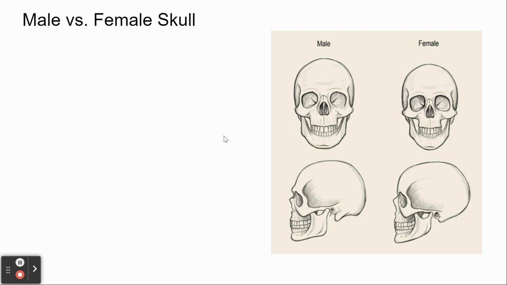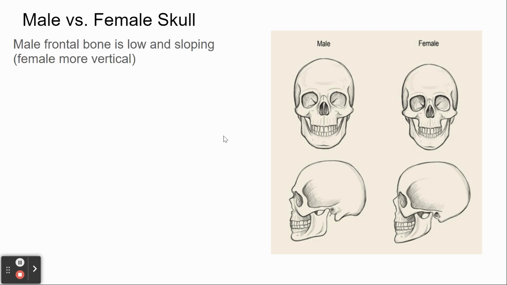So, as we talk about gender and the skeleton, being able to identify differences between males and females, like I said, is relatively simple for the most part, especially if you have some practice comparing skeletal remains.